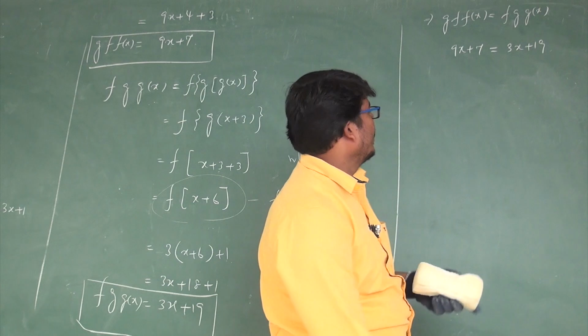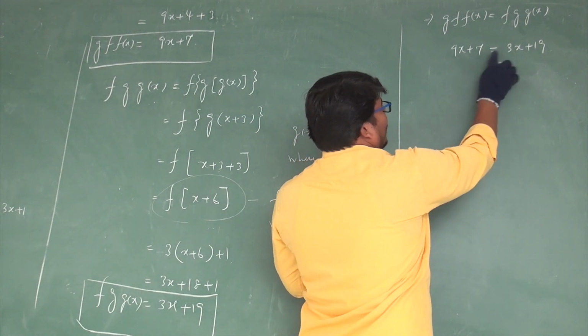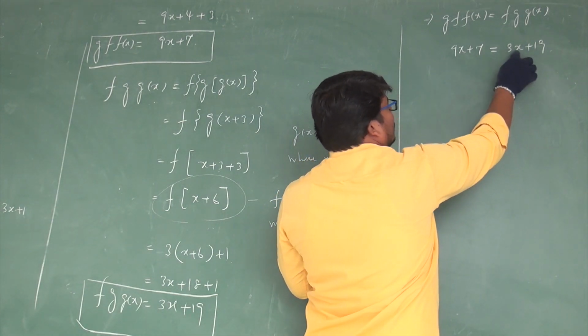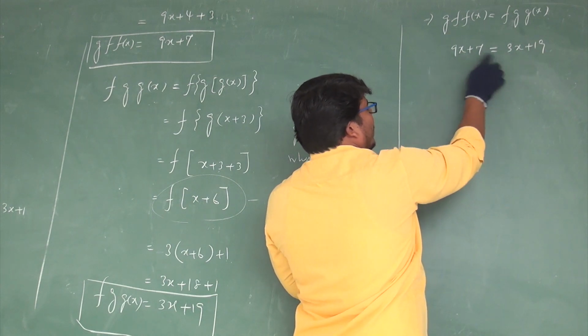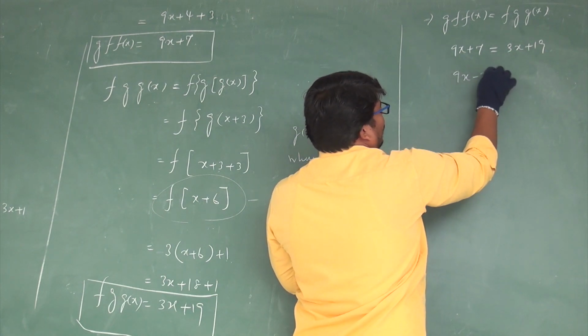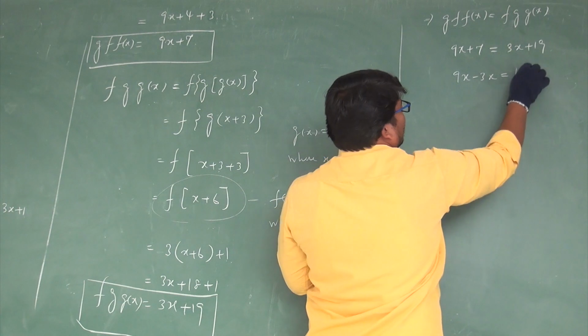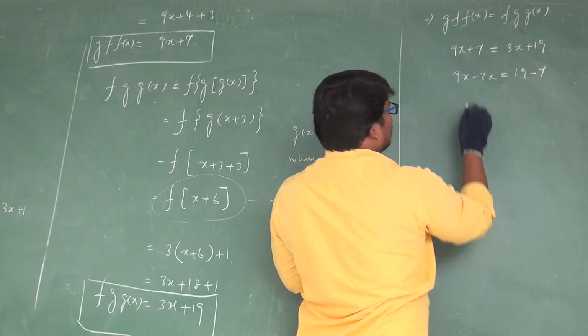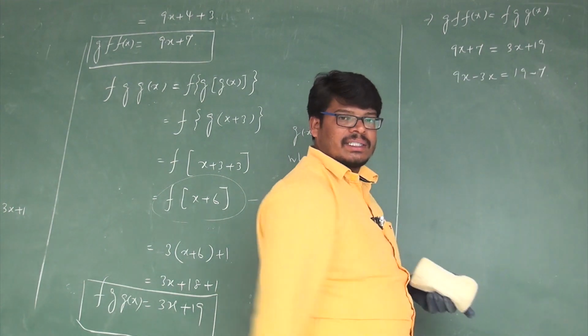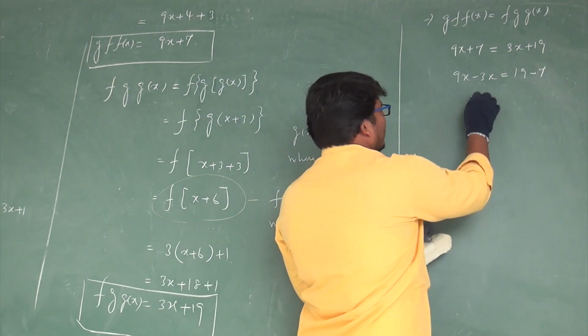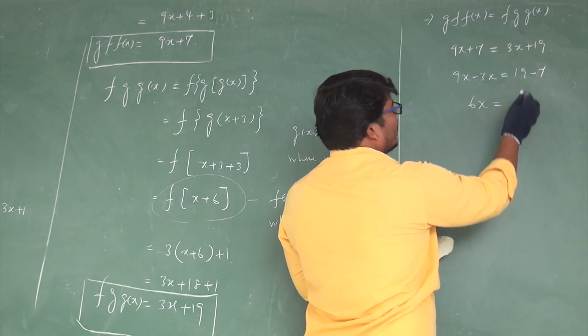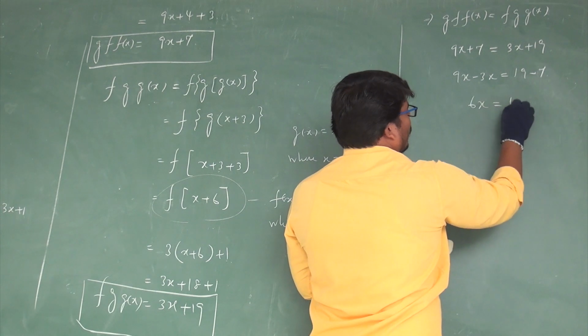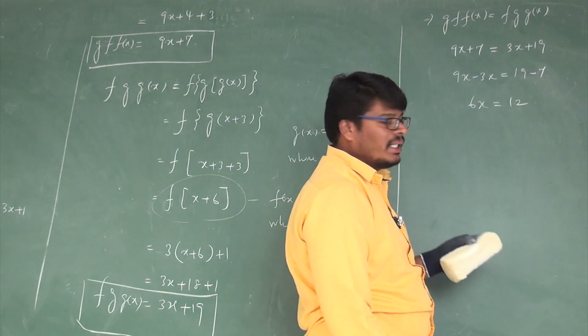Take 3x to this side: 9x minus 3x equals 19 minus 7. 9x minus 3x is 6x, and 19 minus 7 is 12.